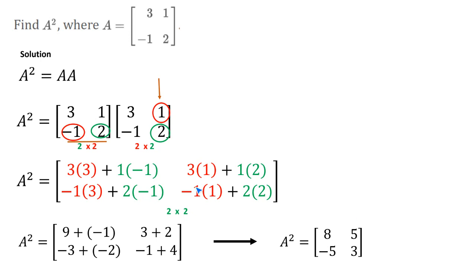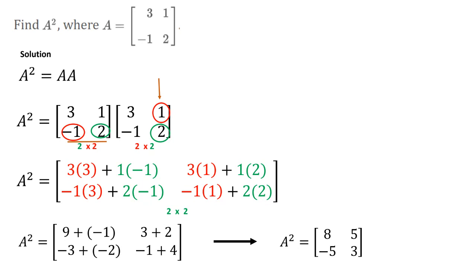And -1 times 1 is -1 and 2 times 2 is 4. If we add 4 and -1, we get a 3. Okay, so for multiplication, it does take a little bit more practice, okay? But it's okay. With practice, you'll be able to get it.